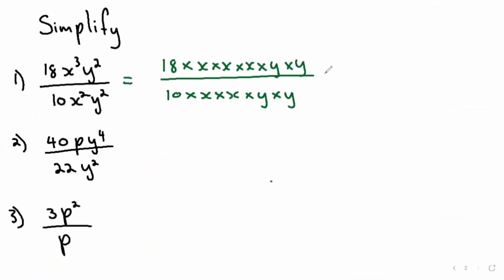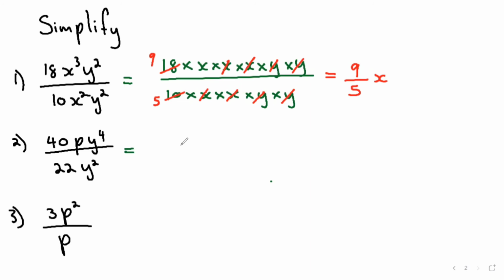So here we could easily cancel the y. Then how many x do we have here? 1x cancels 1x cancels 1x. And in terms of the number, we could look at a multiple or a factor of these two numbers. Here 2 could go into 10 5 times, and 2 could go into 18 9 times. I think that's as low as we could go. So the answer here should be 9/5, and we have only one x remaining. So 9/5 x. And that's as low as we could go.